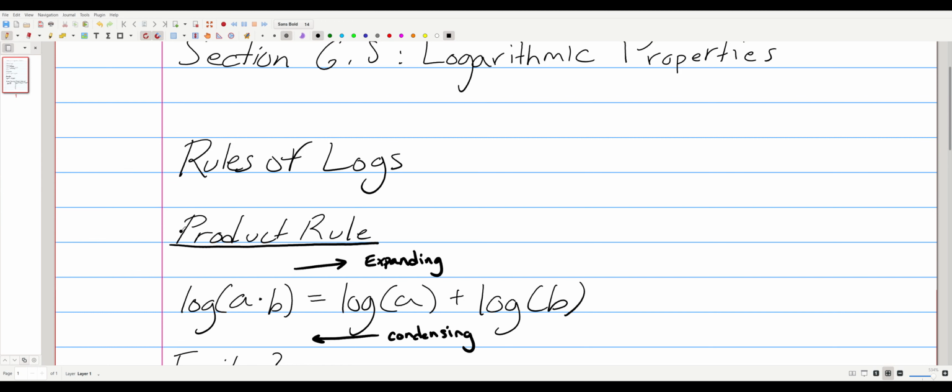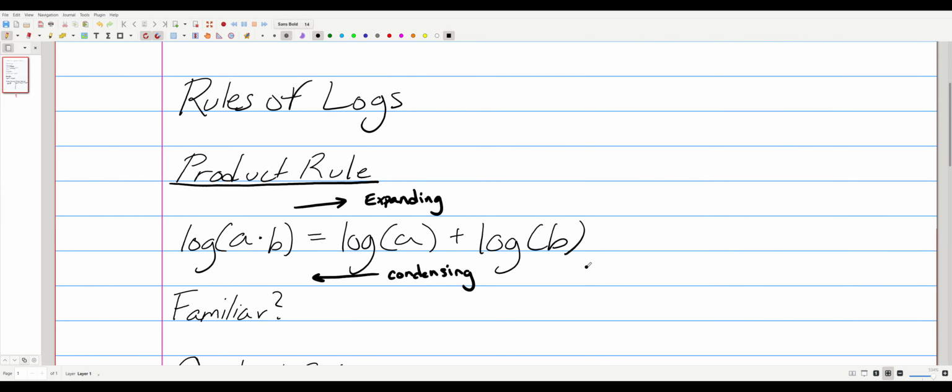This product rule of logarithms should be hopefully somewhat familiar. Maybe it reminds you of something. It should remind you of the exponential product rule, which says that x to the a times x to the b is equal to x to the a plus b. So this is the logarithmic equivalent of the product rule for exponents.